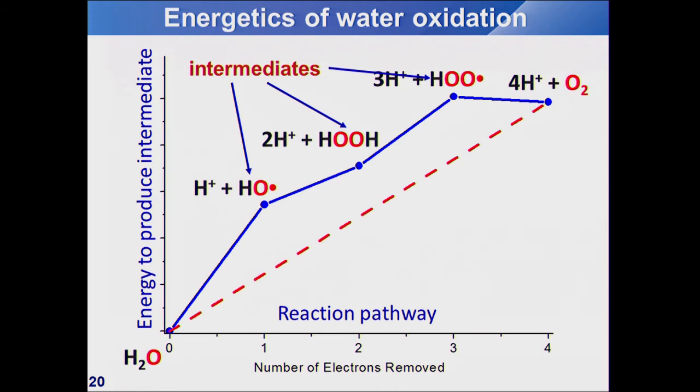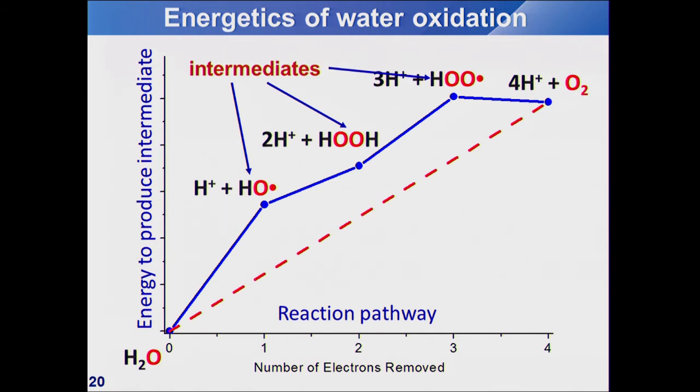And if we could do it in one step, that's how we'd get from here to there, along this dotted line. In reality, we can't, because we take one electron at a time. So instead of removing 4 electrons at the same time, we take 1, 2, 3, 4, and that's what we're making here: different chemical species. And these chemical species have different energies. So this axis shows how much energy we need to make this species or that species or that.